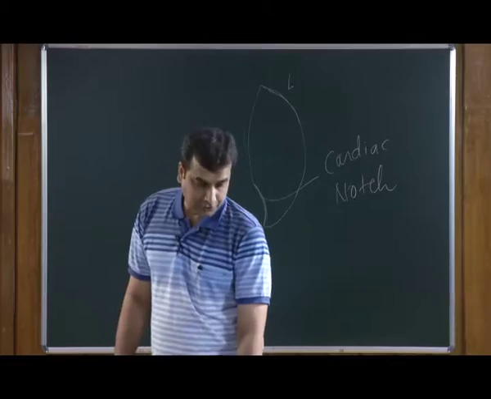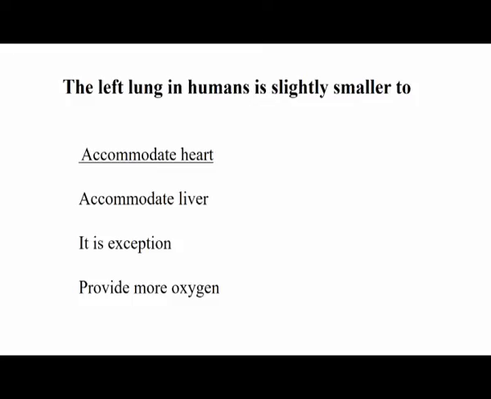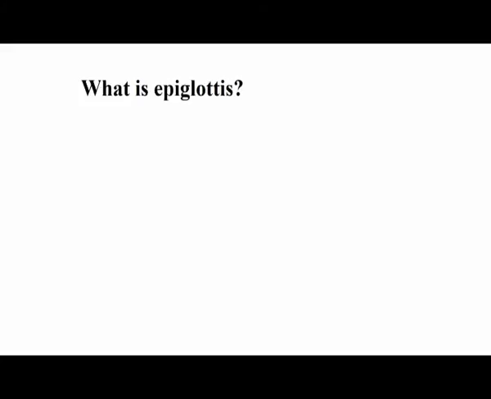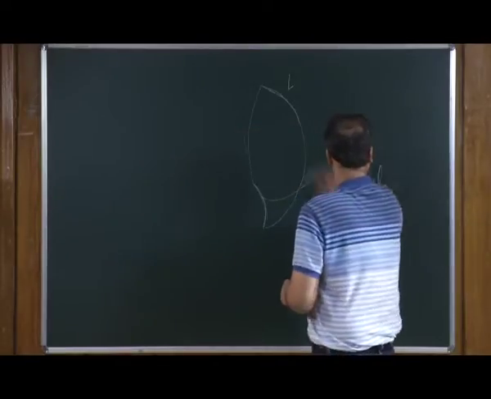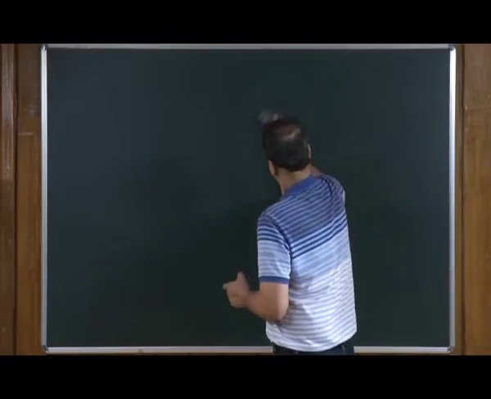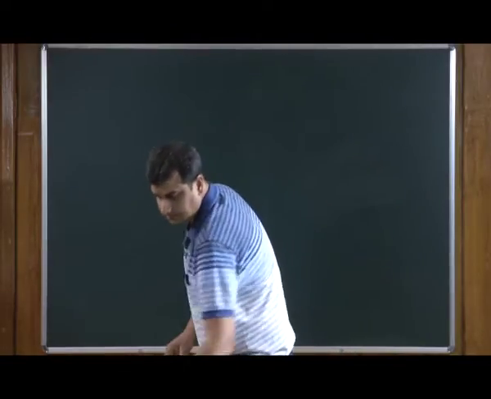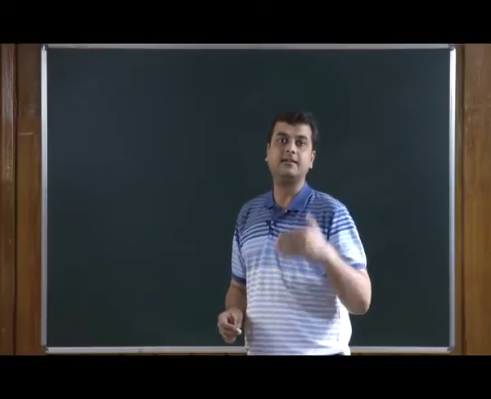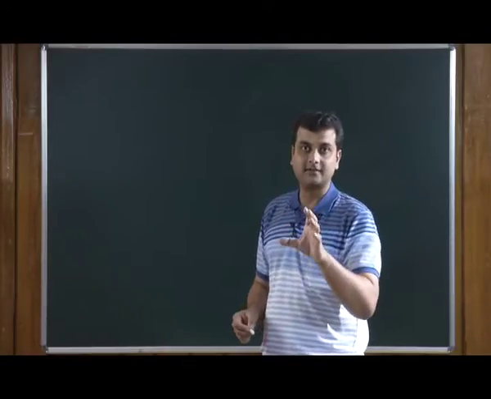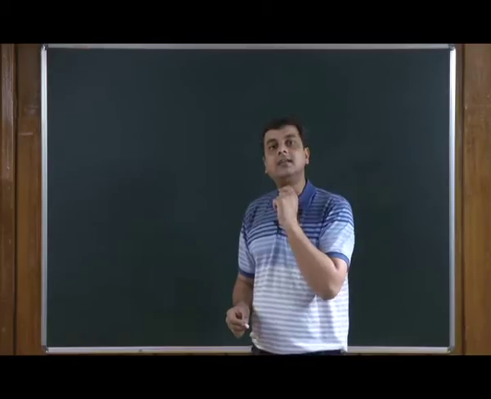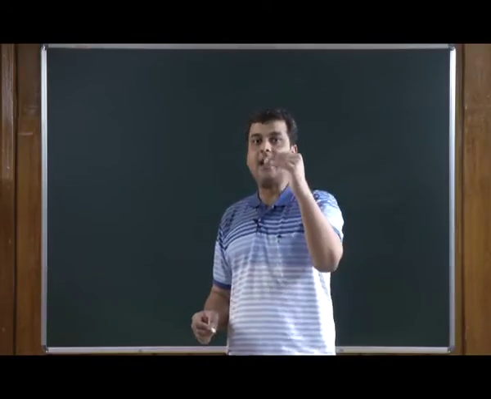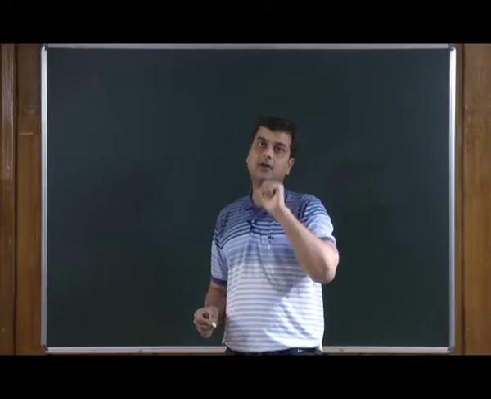Coming to the next question, it is often asked, what is epiglottis? As the name itself indicates, epi means on the top of glottis. Glottis is an area in the larynx, and above that area what you have is called epiglottis.